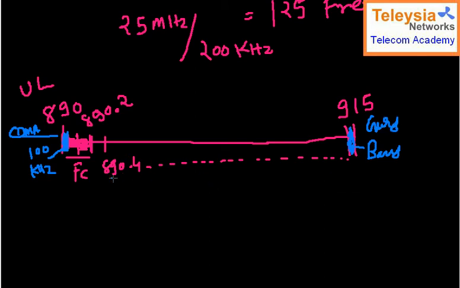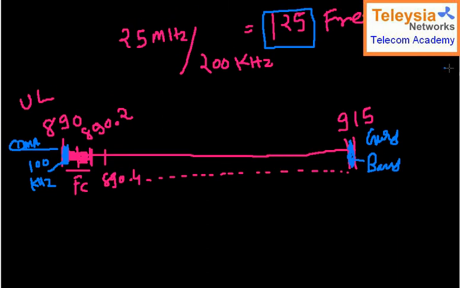So you can see the usable frequency, I mean the total I calculated is 125, but we cannot use all 125. So what we can say is the usable frequency in 900 is 124 frequencies. So this is what we have in uplink, and similarly in the downlink.